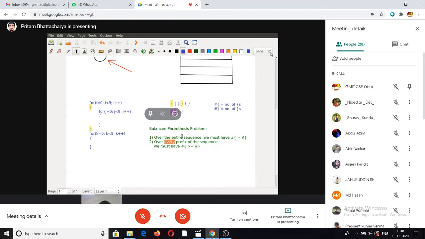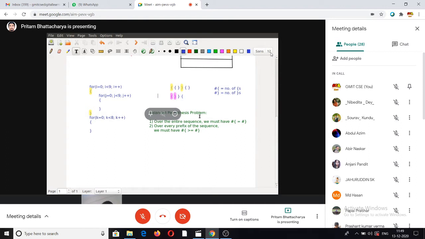So for this prefix of length 3, condition 2 has failed, and hence this string is not a valid string with balanced parentheses. So that's basically the problem definition.